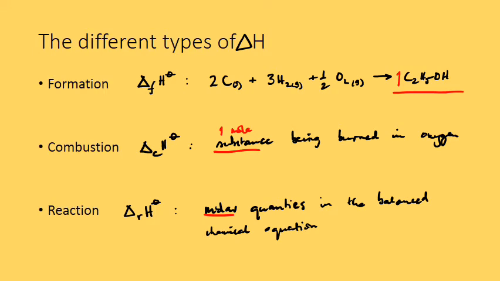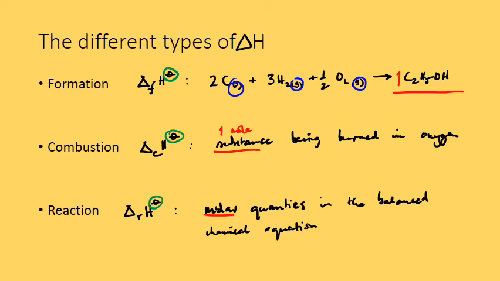A second mark is easier. So the second mark is for the standard conditions. I'll put that in green. So that's the same for each. You have to mention that the formation, the combustion, or the reaction is happening under standard conditions. That's your second mark. Same for each of the 3 definitions. And the third mark is for stating standard states. Okay, and that is the same for each of the 3, formation, combustion, and reaction.